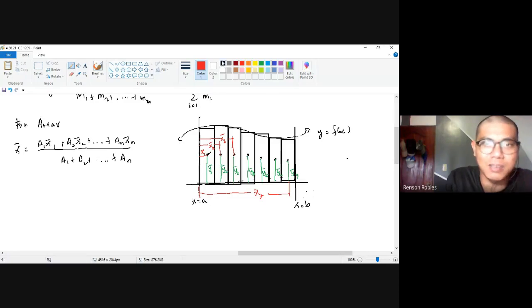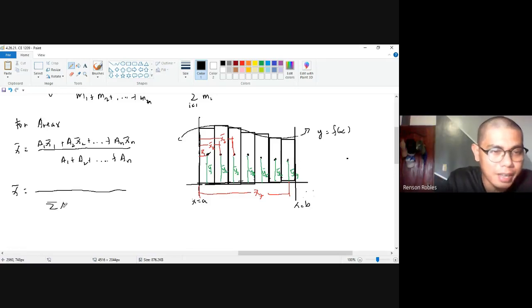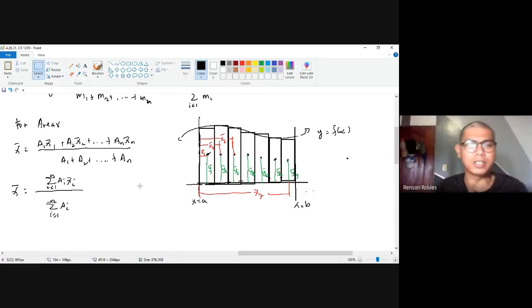Now, recalling the methods that we employ to get the best approximate area, just to eliminate this error, I will write this in summation notation, bar x. In the denominator, you have Ai, where i runs from 1 to n. In the numerator, you have the summation of Ai bar xi, where i runs from 1 to n. Okay? And then, you recall the process. What are we doing here?